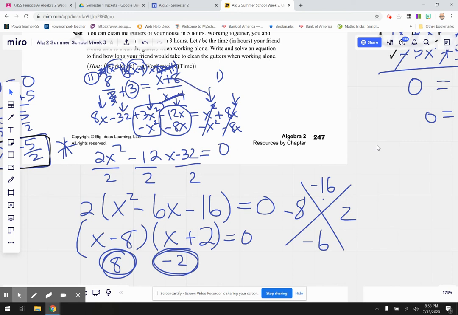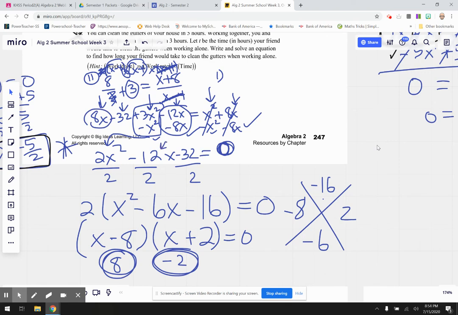Now I'm looking to combine my like terms and get it equal to 0, because 0 is how you solve a quadratic. So I subtract x squared on both sides, right here and right here. Okay, and that's going to give me my 2x squared. I subtracted 8x on both sides, which when I combine it with this one over here, you're going to get negative 12x.